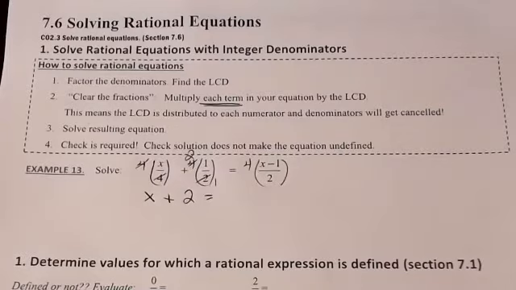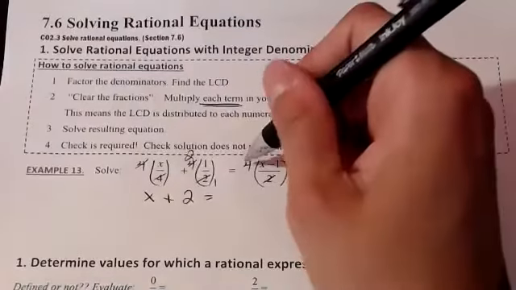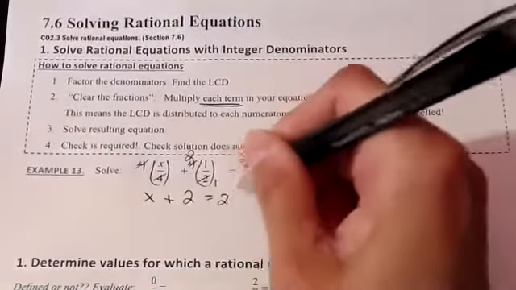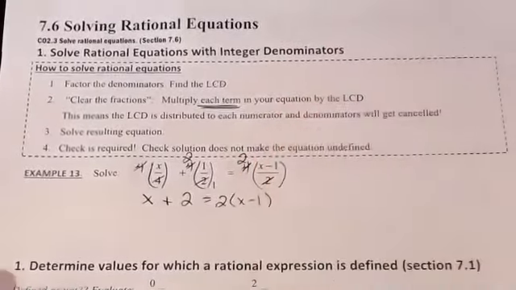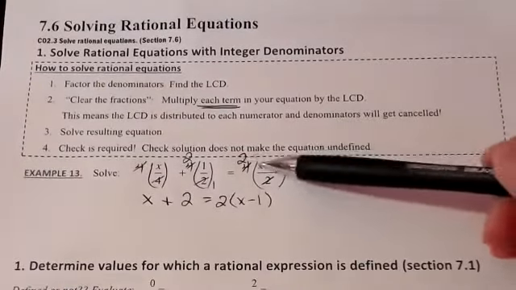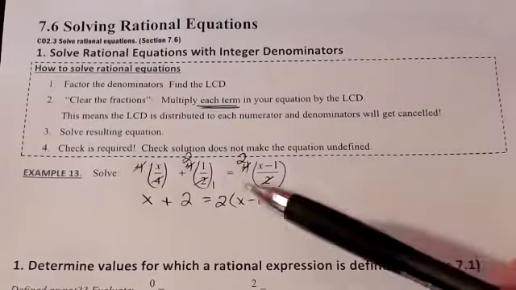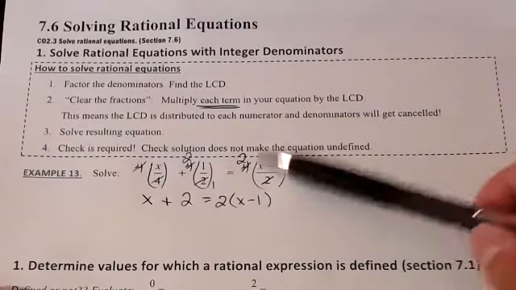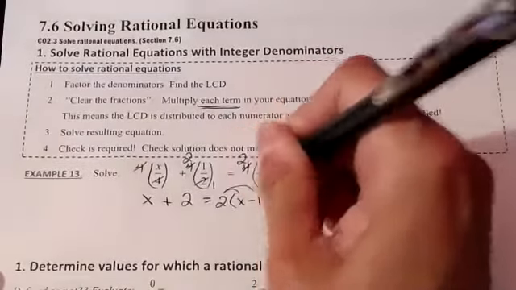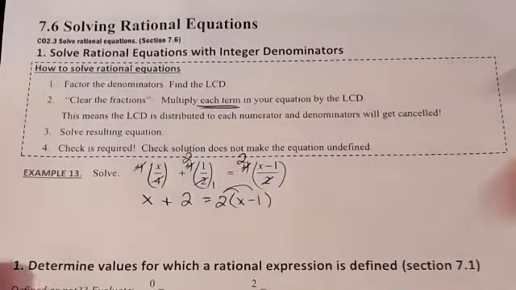We cancel the 2, it goes into the 4 twice, and it leaves us the 2 times x minus 1. Yes, with the parentheses. That's exactly correct. So you're left with the 2 and the x minus 1. We are going to leave the parentheses because 2 acts as a coefficient, right? Which means we're going to have to distribute before we actually drop the parentheses.